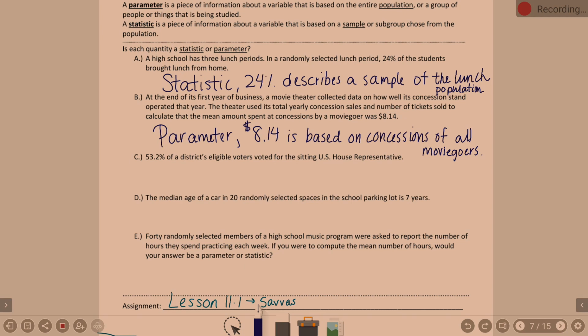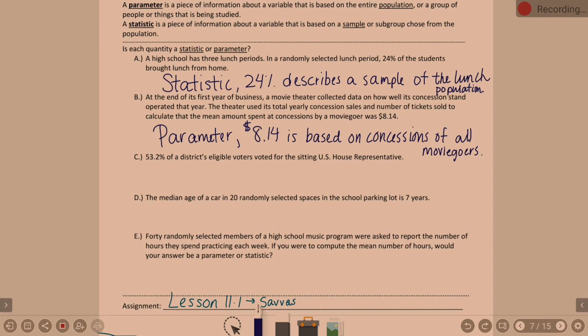And I think the clarification is that it says voted for the sitting U.S. House Representative, for that district. It's just mentioning one. So I would go for that.